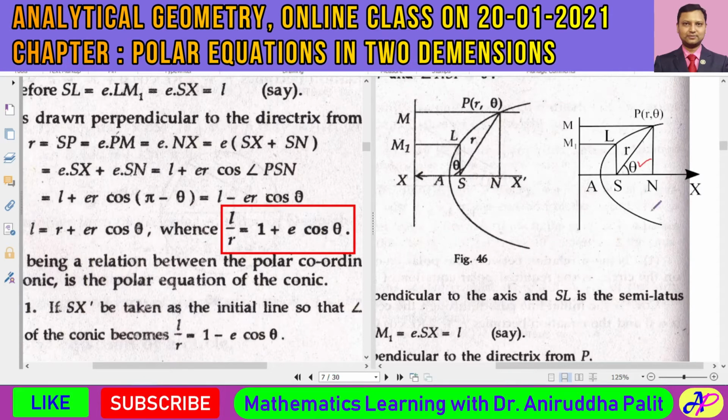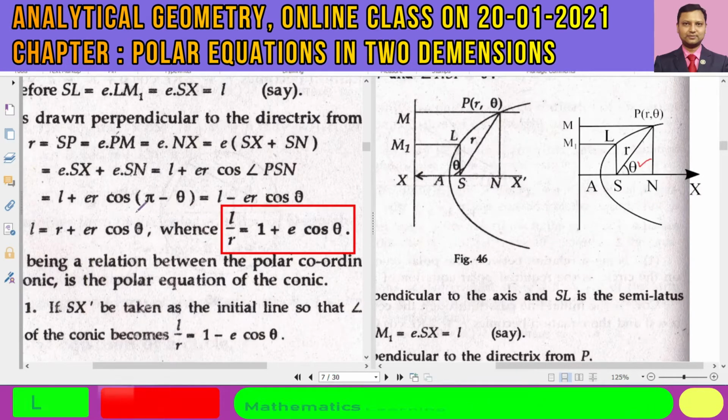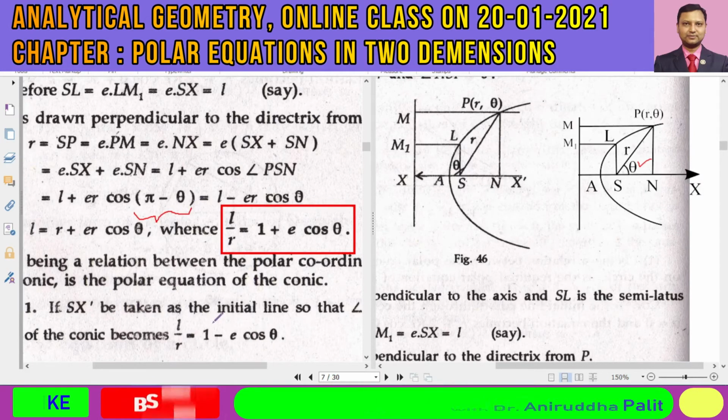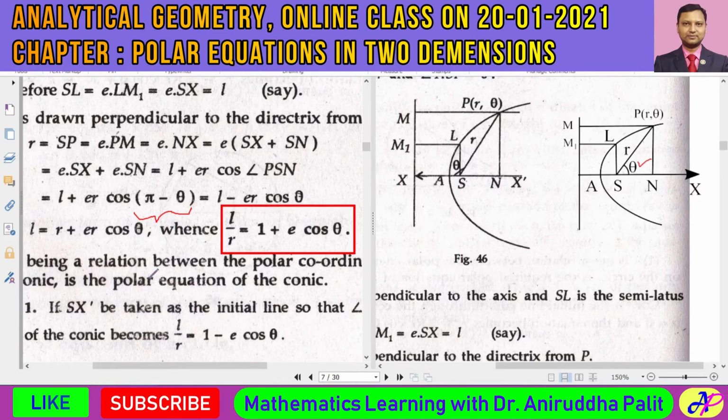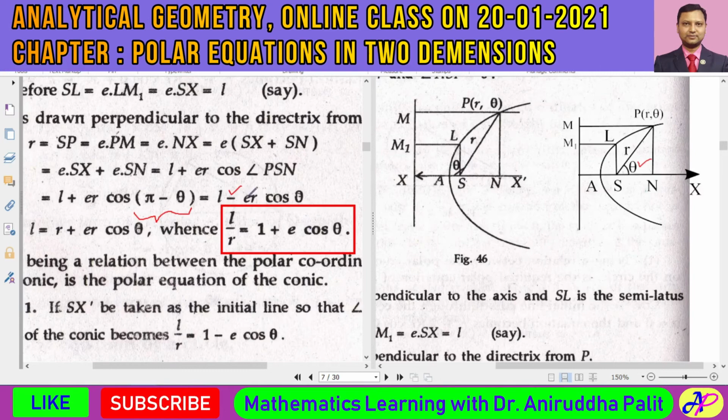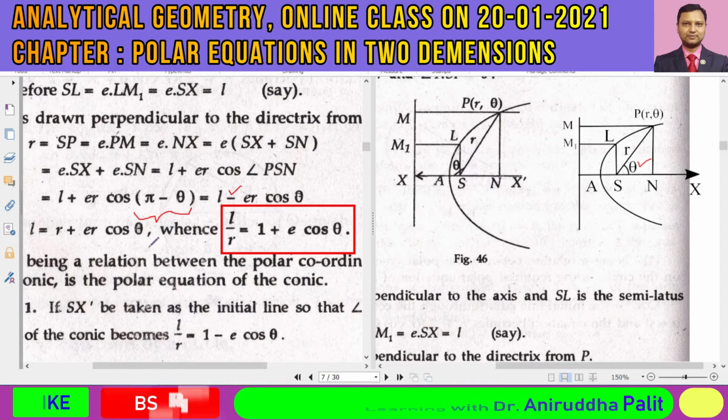So if we consider the second picture, in place of pi minus theta we shall simply have only theta. Got it? So plus E into r cos theta. Over here in place of negative symbol a positive symbol would come.